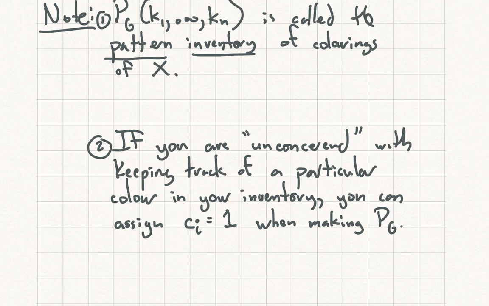So for example, if we only wanted to keep track of the ways you can color the vertices of a square with blue, and we didn't really care about red, maybe we'd make the substitution blue plus 1 and blue squared plus 1 into our polynomial, and we need the other ones as well, sorry.